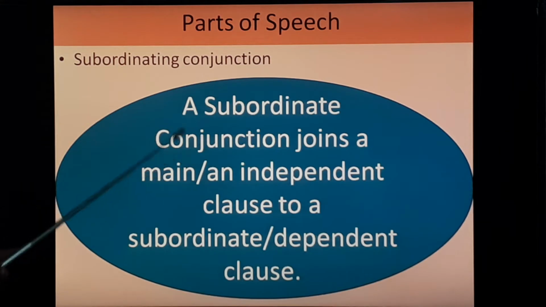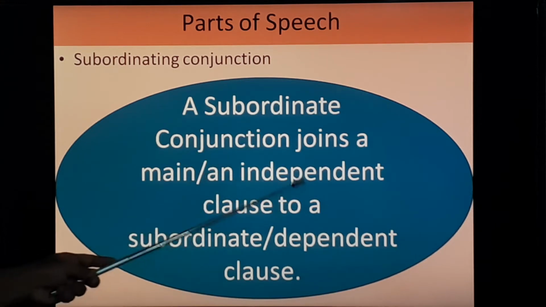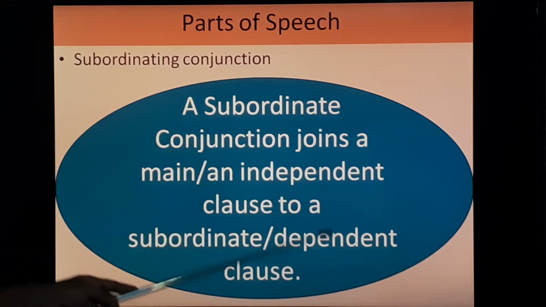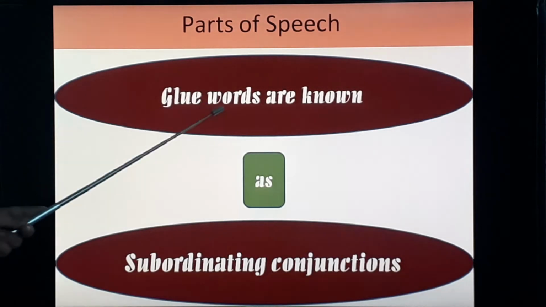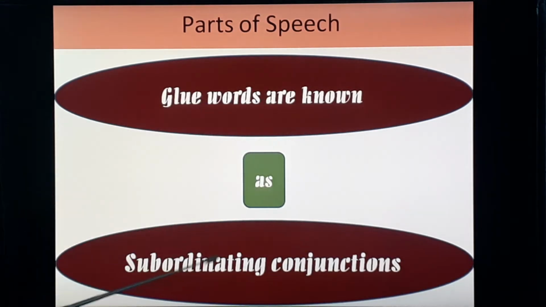A subordinating conjunction joins a main or you can say an independent clause to a subordinate or dependent clause. Glue words are known as subordinating conjunctions.